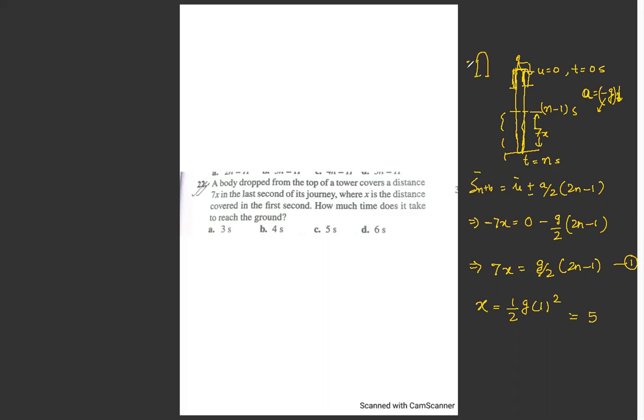So put this value here: 35 equal to g by 2, which is 5, into 2n minus 1. So 2n equal to 8, and n is equal to 4 seconds. Clear? This is the answer to the question. There are varieties of questions asked on this.